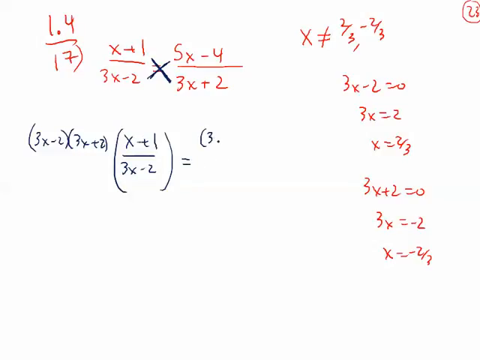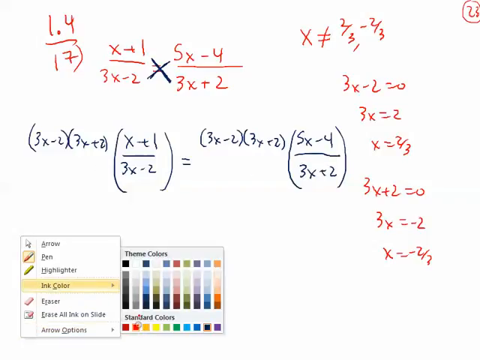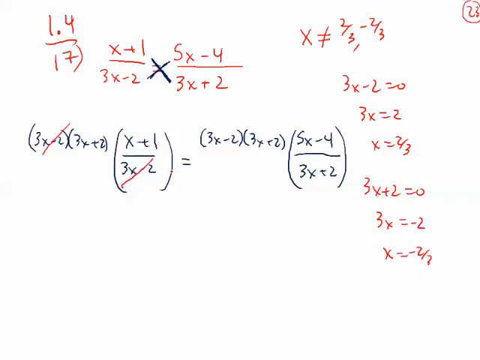But notice when you do that, you're still cross-multiplying, technically, because these two will cancel off, and you're still multiplying x plus 1 times 3x plus 2. So you could just cross-multiply, save you a step. Over here, same thing happens. 3x plus 2 is cancelled, so technically you're still multiplying 5x minus 4 times 3x minus 2.